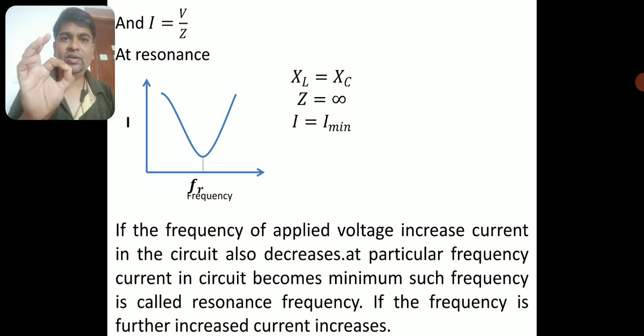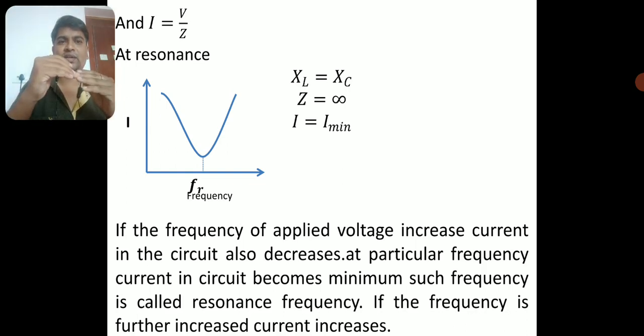And at a particular frequency, the current in the circuit attains a minimum value. Such a frequency is called the resonant frequency.